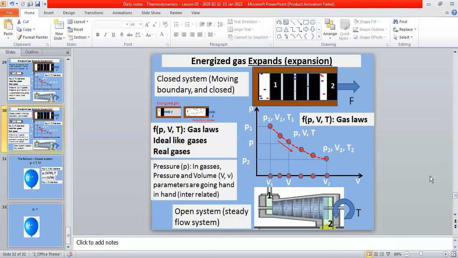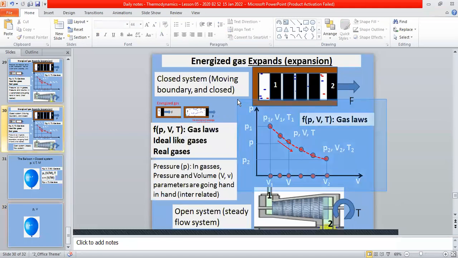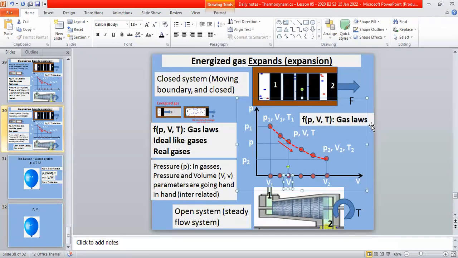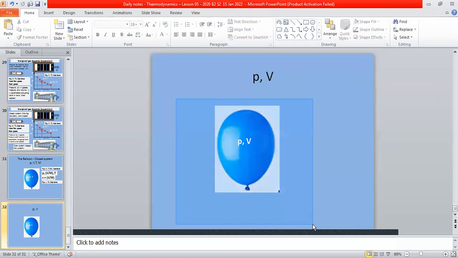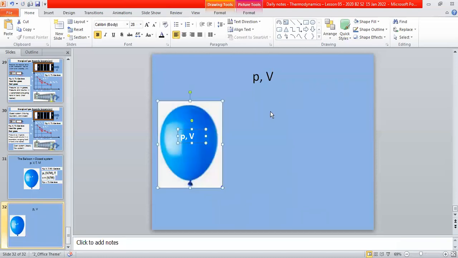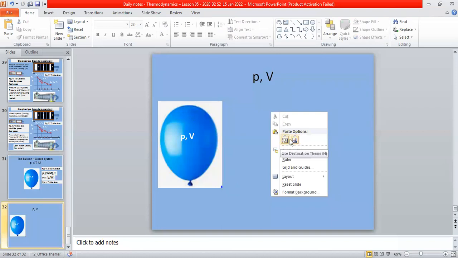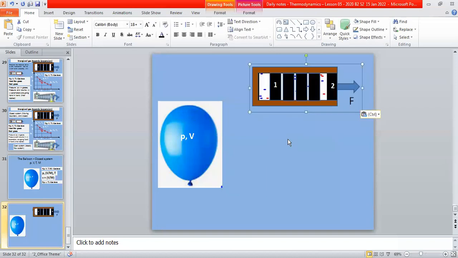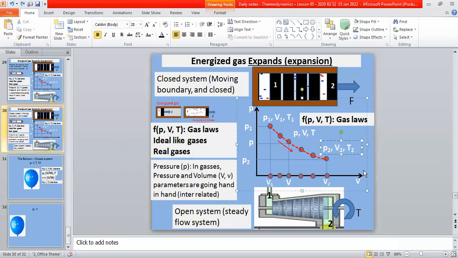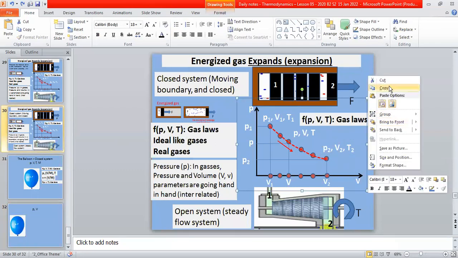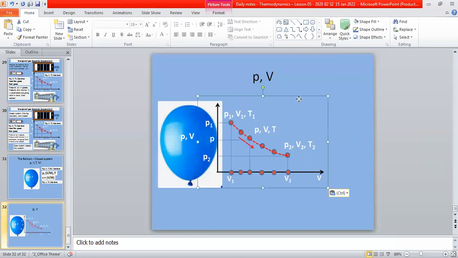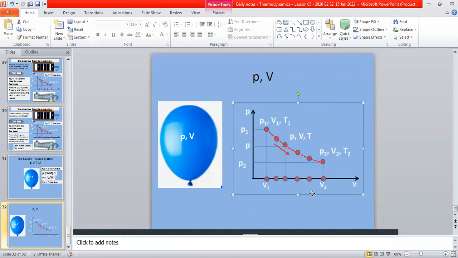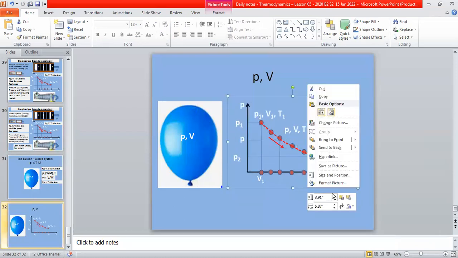That's why this graph becomes very important.